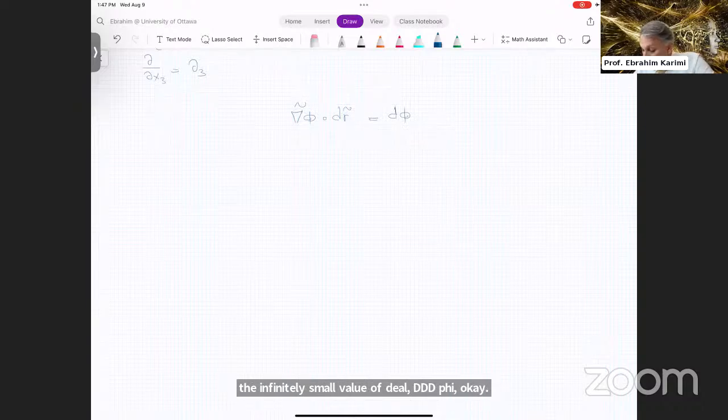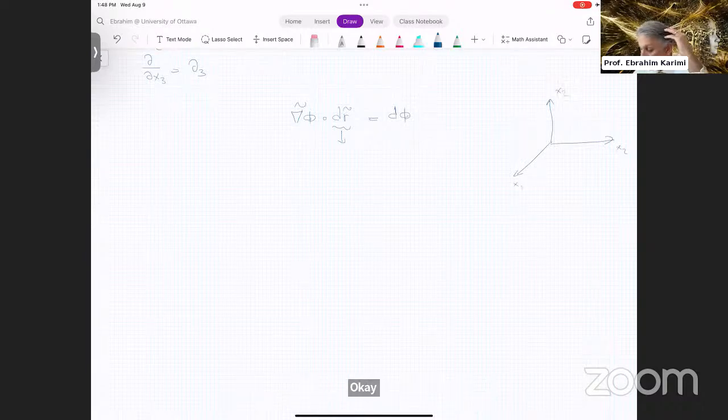So assuming that dr is the incremental displacement that happens in a three-dimensional geometry, and that's our coordinate, which is x1, x2, and x3, or x, y, and z.